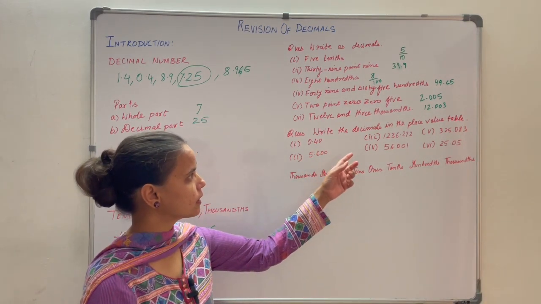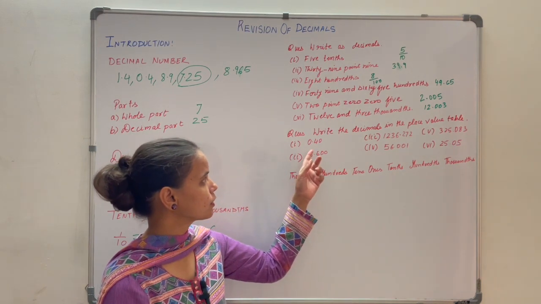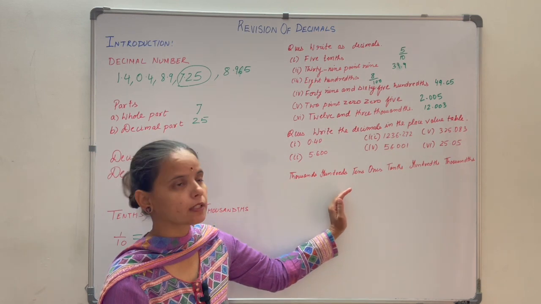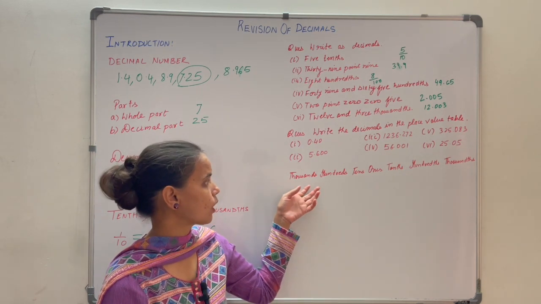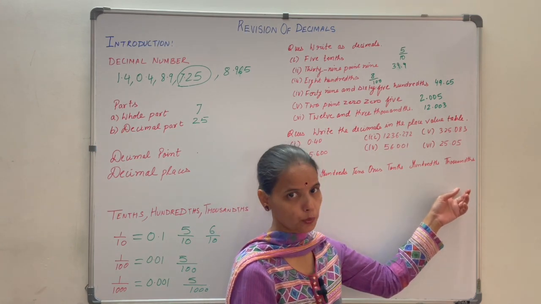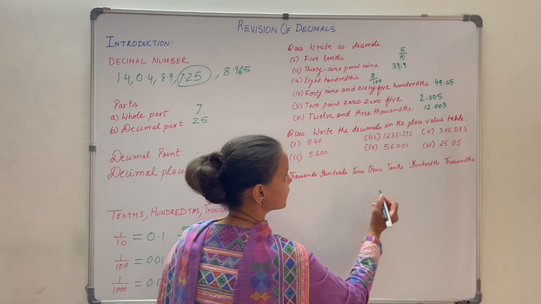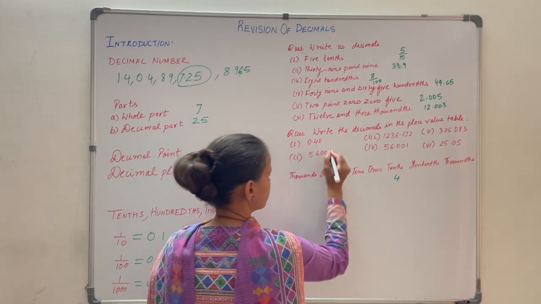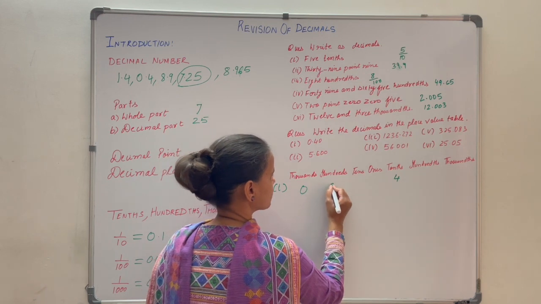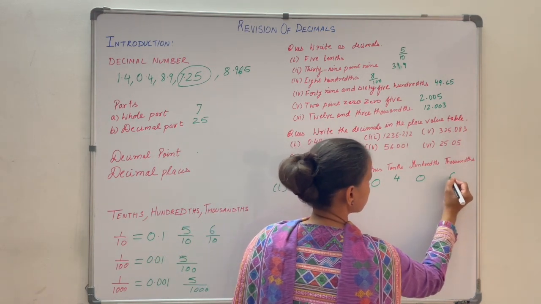Write the decimals in the place value table. First question is 0.40. I have already made the place value chart: thousands, hundreds, tens, ones, tenths, hundredths, thousandths. So here you have got 4 in the tenths place, and in the rest of the places you don't have any number, so you can just write 0 in all other places.